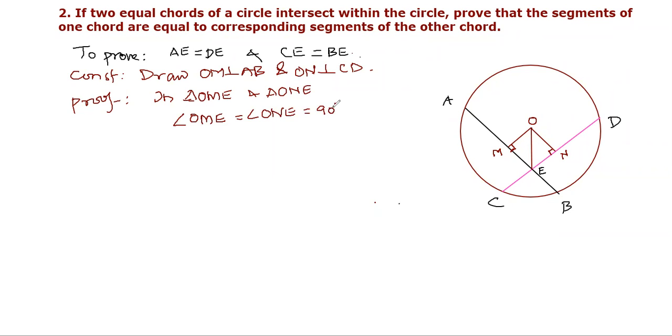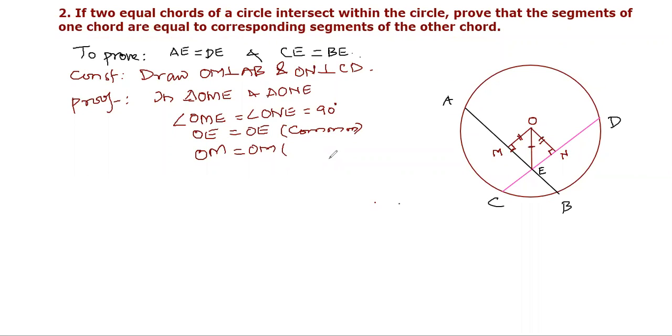R, hypotenuse, is this side. This is the common side, so OE is equal to OE because this is the common side. And one more side, that is the radius. OM and ON are the radii of the same circle, so OM is equal to ON.